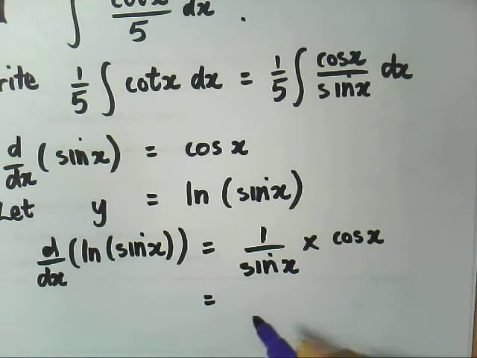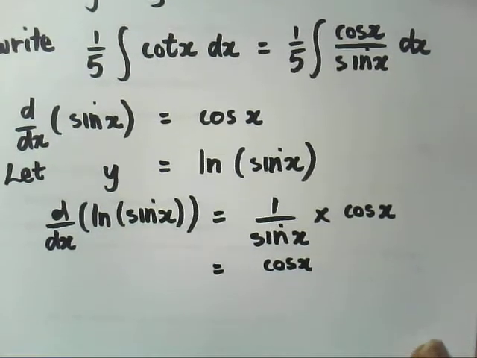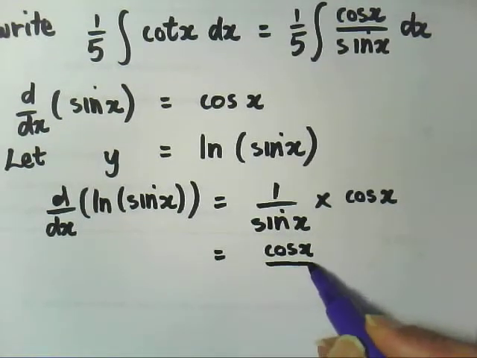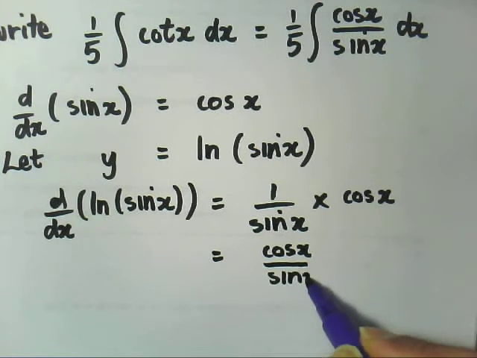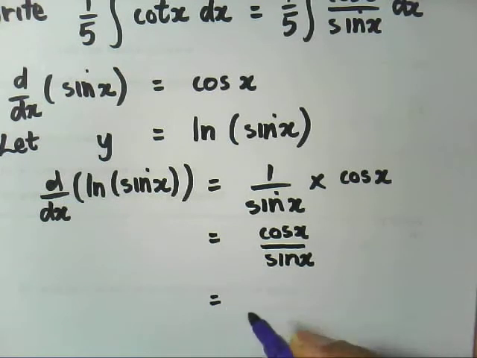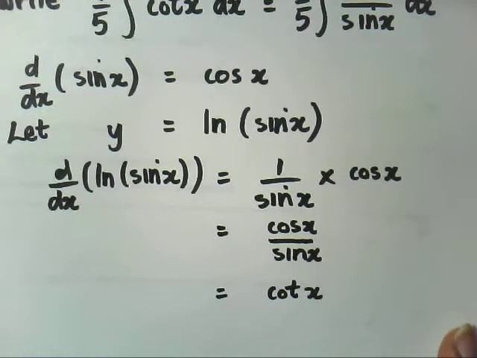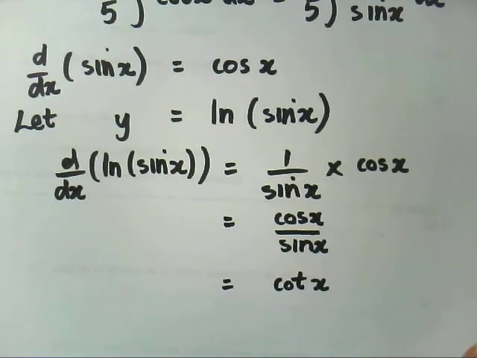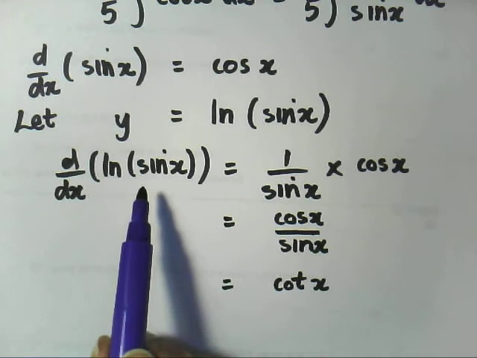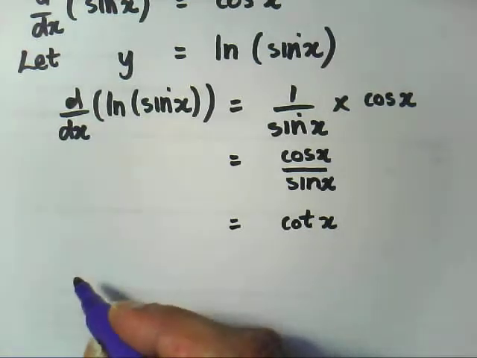So we find that this equals cos x over sin x, or, in other words, cot x. So we realize that if we were to integrate cot x, we would return back to this original function. So we can write this conclusion.